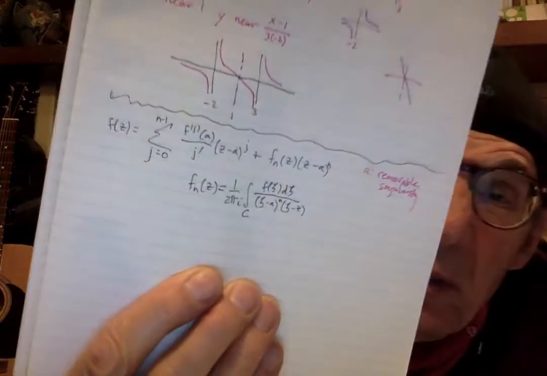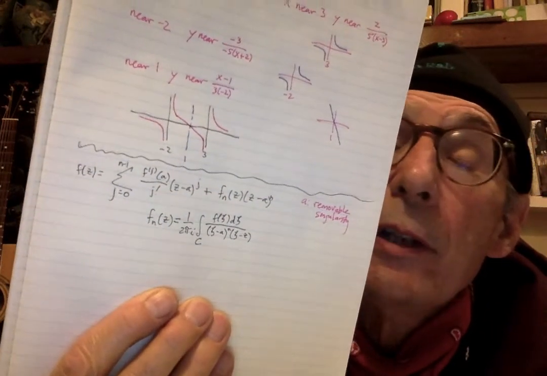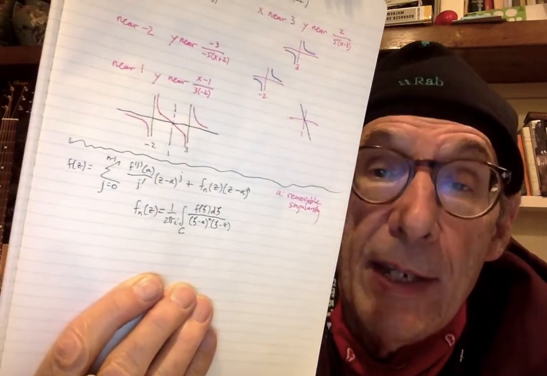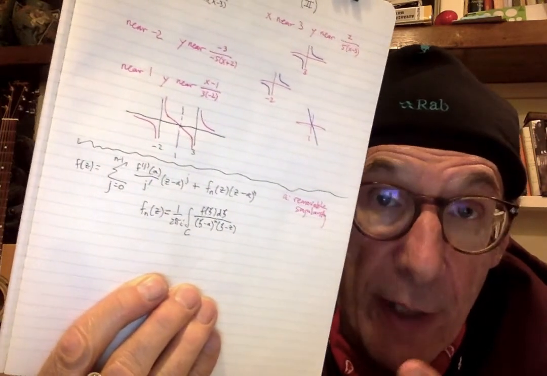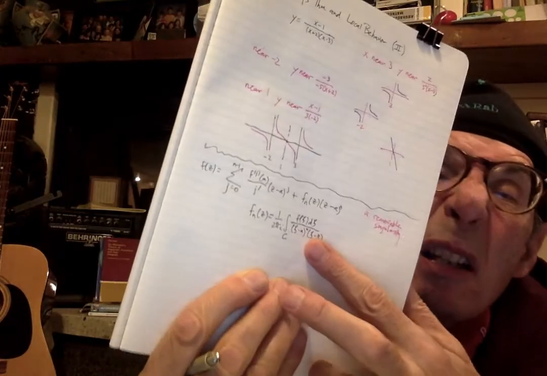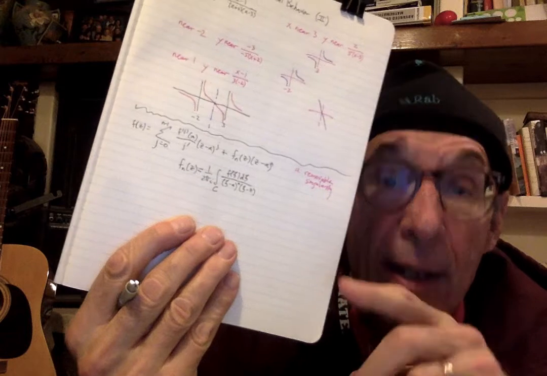And on the bottom, we've got zeta minus a to the n times zeta minus z. So this is a funny expression because a appears in the integral, that's our removable singularity, and z, the thing we're calculating the value of the function at, is kind of hidden in the fine print on the bottom there, and then zeta is the parameter around the circle. So there's the deal.